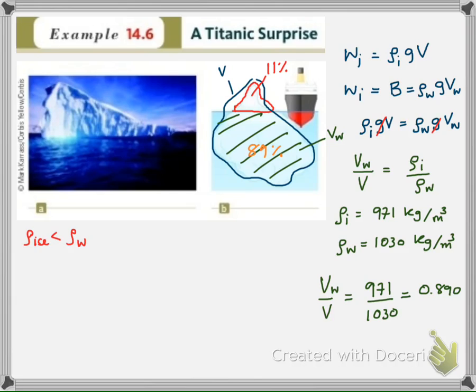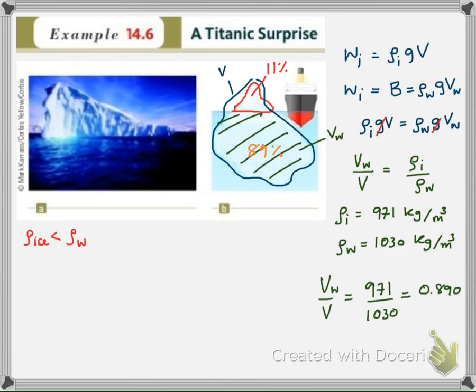So if we see an iceberg, for example, like in this picture, you may think that this is big, but be careful, the real big part of the iceberg is under the water.